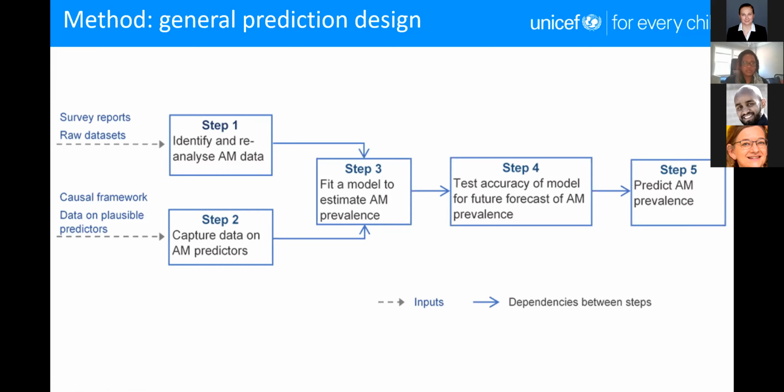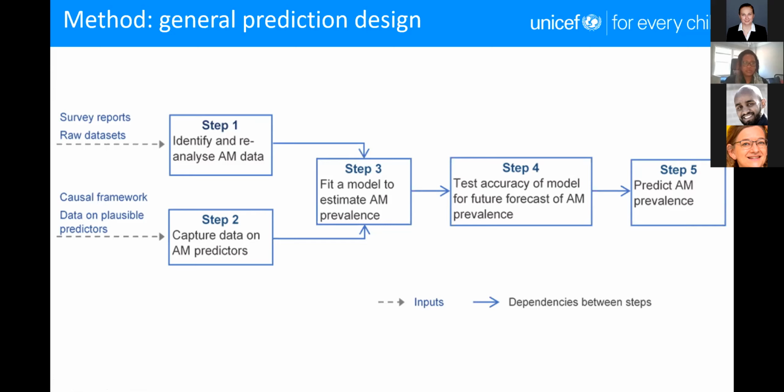That followed the overall structure of the causal framework for malnutrition. So identifying data on the more distal or root causes of wasting, then data on the intermediate or underlying causes of wasting, and then data as well on the proximate or the more immediate causes, as per the causal framework that we all know. Then all this data was cleaned and curated and then used to fit the model to estimate wasting.